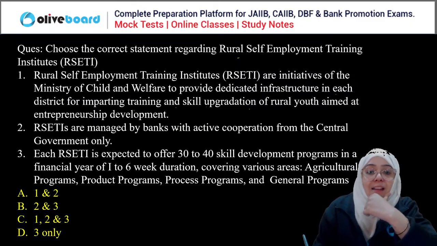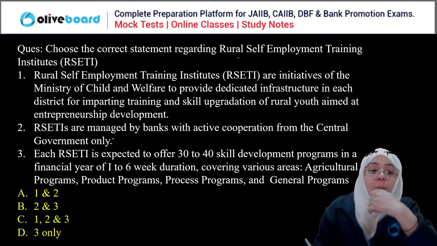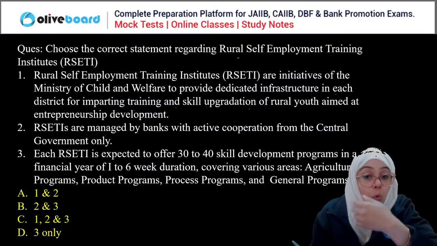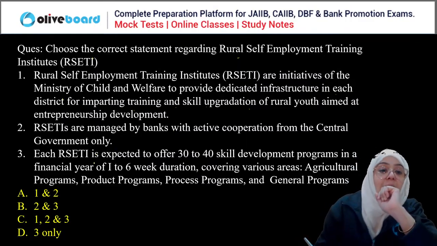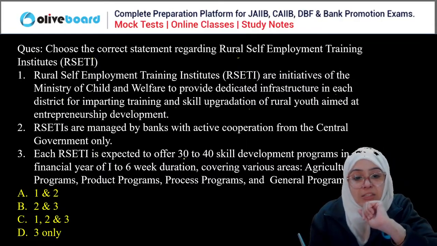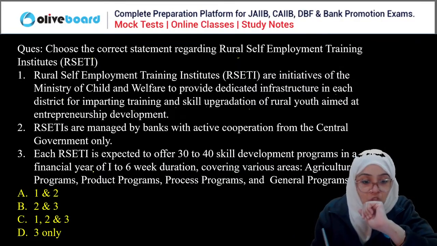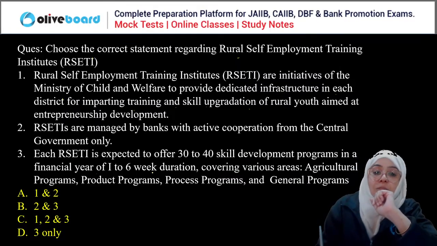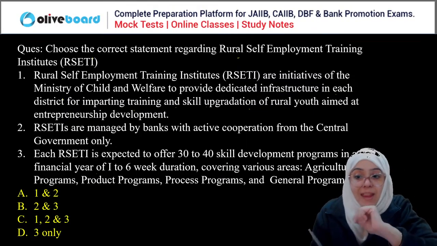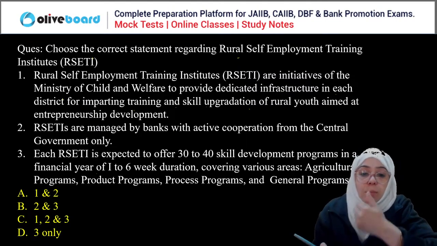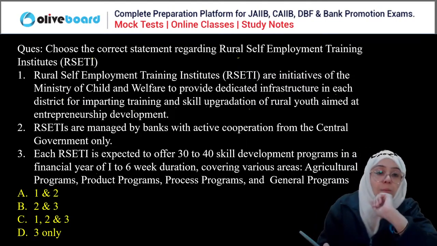These are managed by banks with the active cooperation of the central government only. Each RSETI is expected to offer 30 to 40 skill development programs in one financial year of at least 1 to 6 weeks duration, covering areas like agriculture, product, process, and the general program.